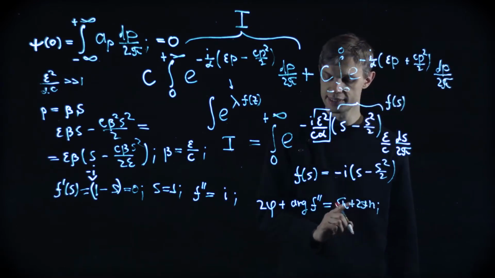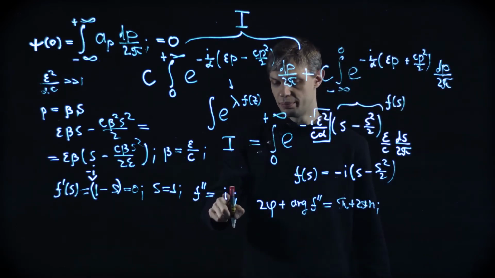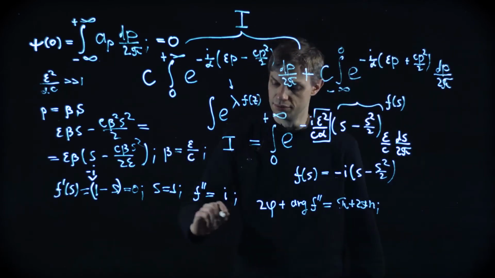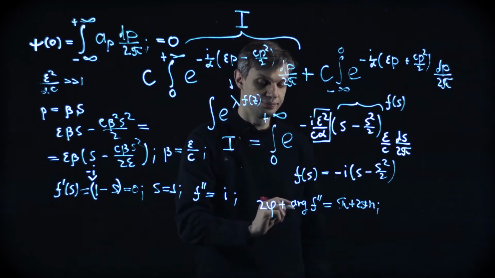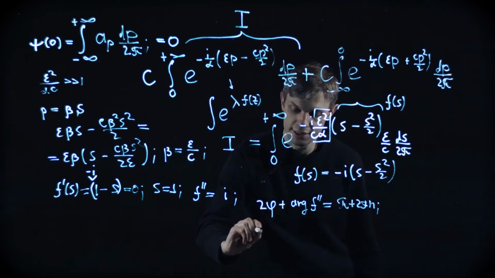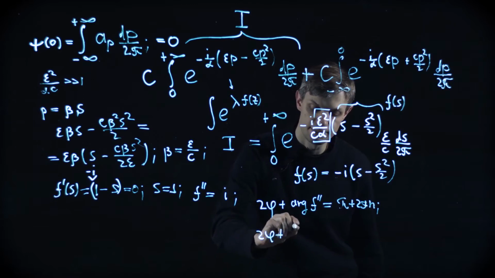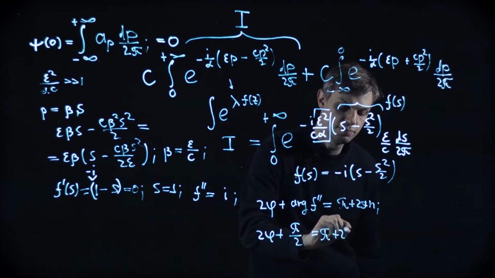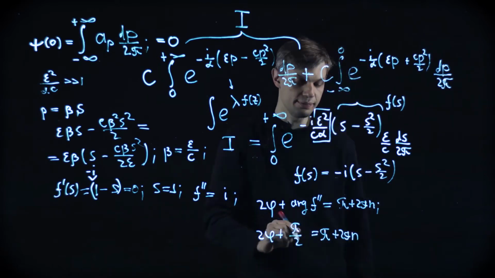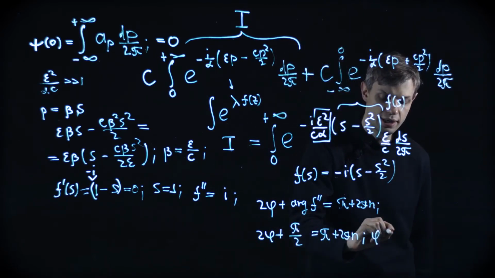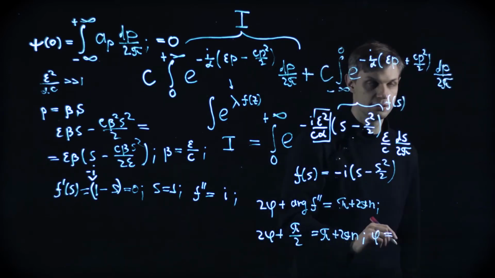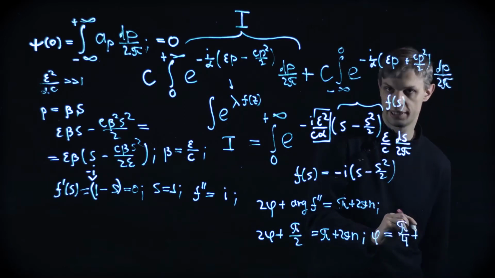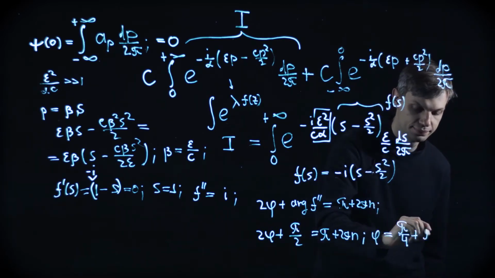So what is the argument of f prime prime? Well, f prime prime is equal to i, so its argument is pi by 2. And our steepest descent condition turns into 2 phi plus pi by 2 is equal to pi plus 2 pi n. And finally, we get our angle: phi is equal to pi by 4 plus pi n.